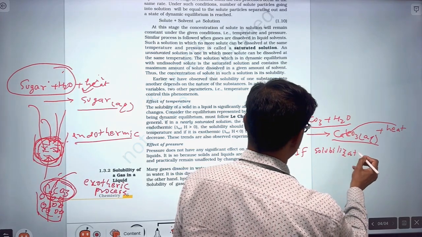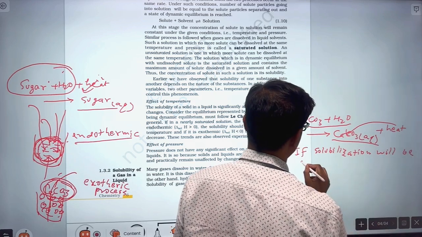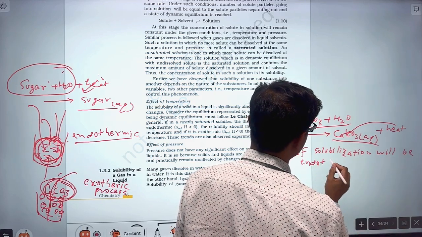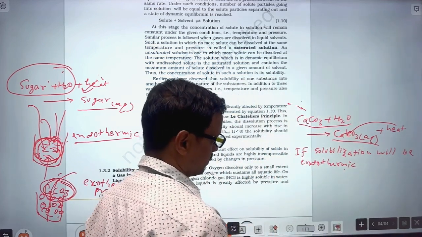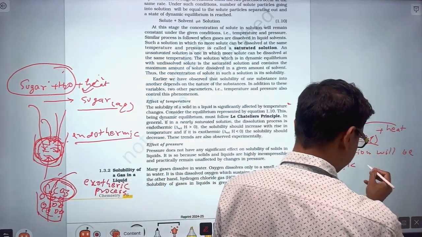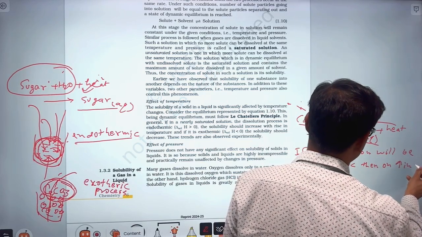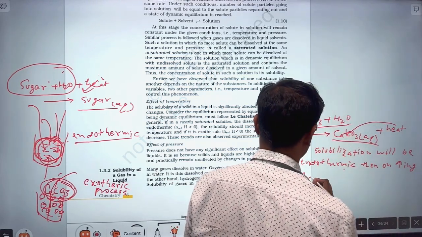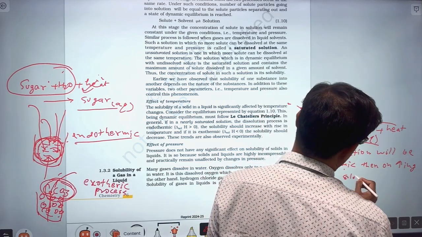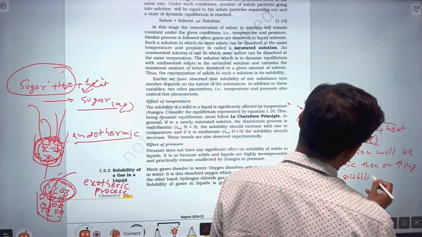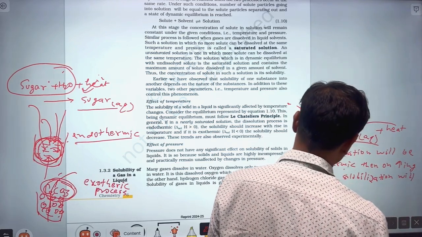So if solubilization is endothermic, meaning it requires heat energy, then on increasing the temperature, solubilization will increase.